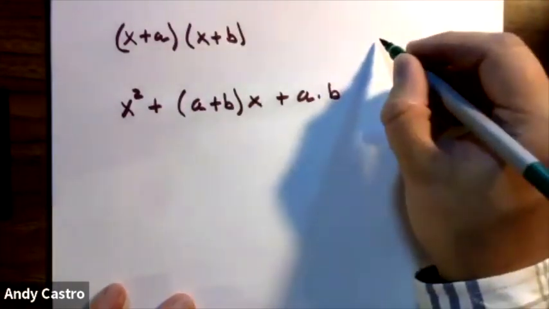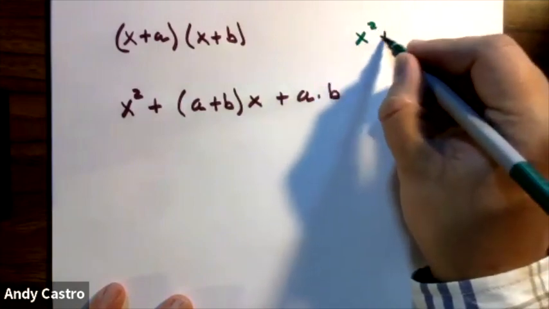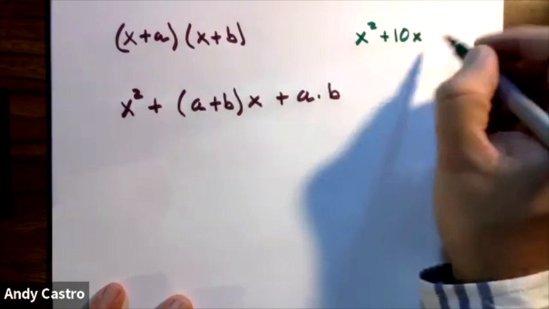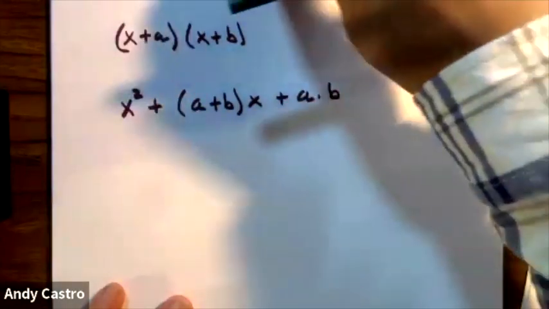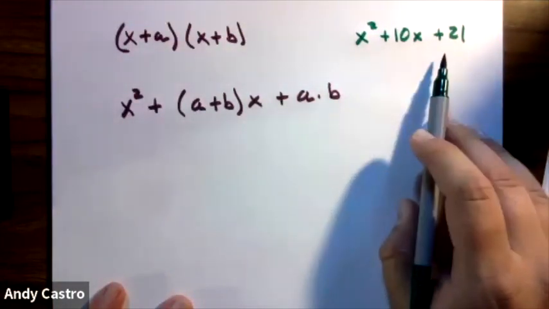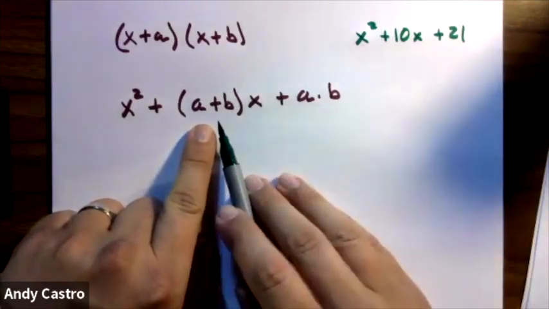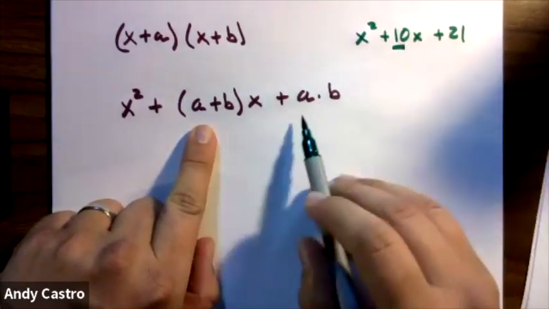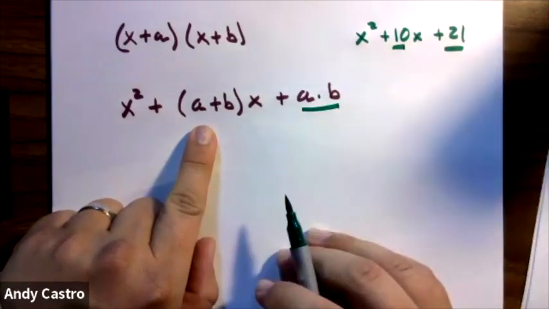So we're going to look at x squared plus 10x plus 21. Okay. x squared plus 10x plus 21. So I'm looking for two numbers that are going to add to give me 10, and the same two numbers that are going to multiply to give me 21.